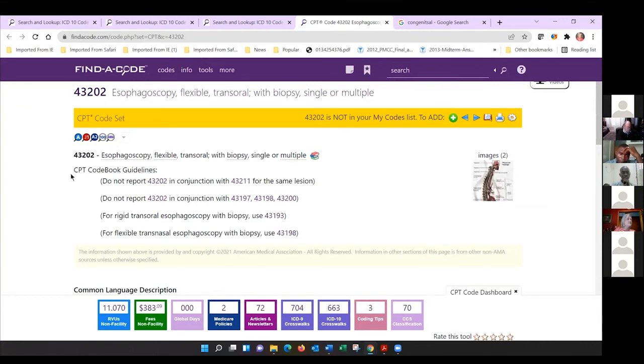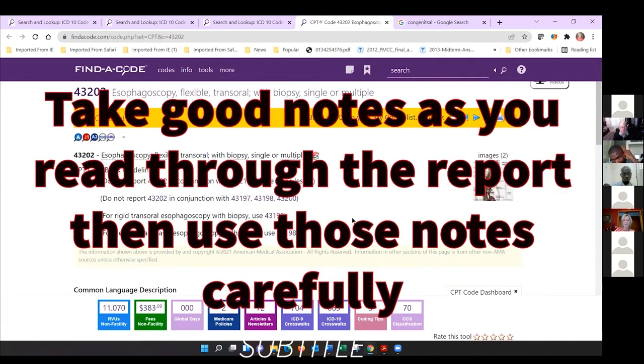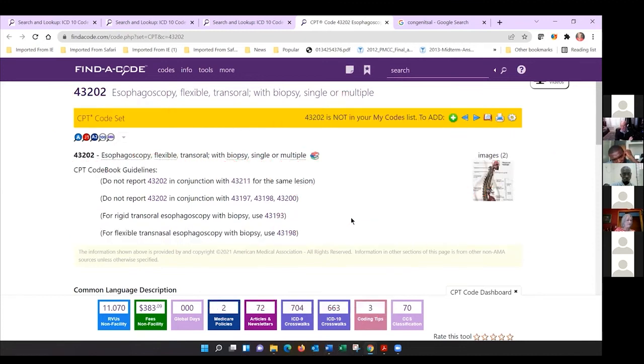Then I've got guidelines in here. It tells me that I couldn't report this with any of these codes. So are you taking the time to read your notes when you're coding? Because sometimes there are two procedures and they might not be coded together.